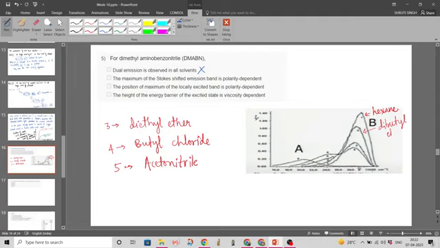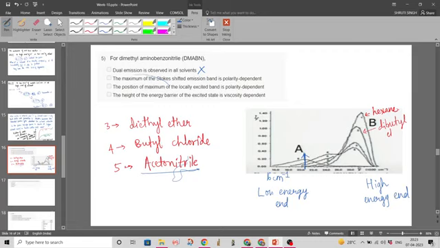So this end is the high energy end, and this end is the low energy end. So this one is the red shifted band, the fifth one. And the fifth one is red shifted in which solvent? In acetonitrile. And among these five solvents, this one is the most polar.